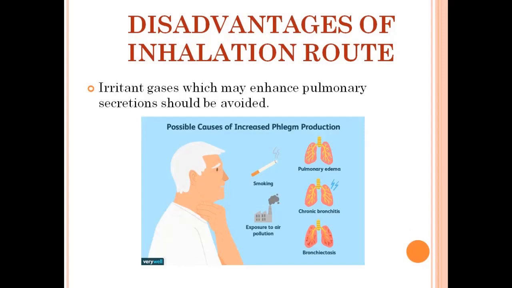So when you're smoking, what happens? It will increase the phlegm production and therefore cause pulmonary edema, chronic bronchitis, and bronchiectasis. And even exposure to irritant gases from air pollution, from factories, and all that will increase the phlegm production and lead to pulmonary diseases.